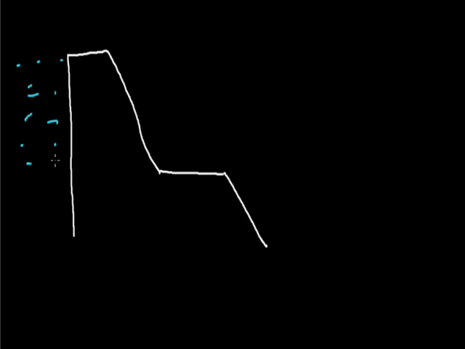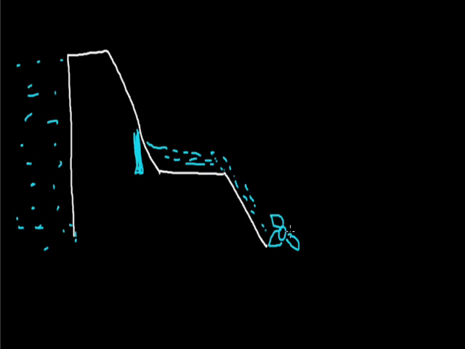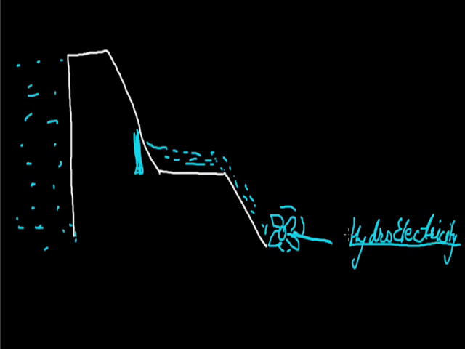When the water is stored in the reservoir behind the dam, when the gates are opened and the water starts to flow, by the flowing water we can rotate the turbines and can get the hydroelectricity. So all we know that a moving object can perform some work.